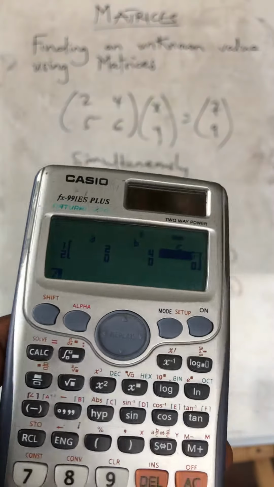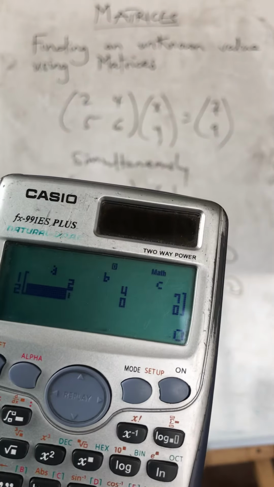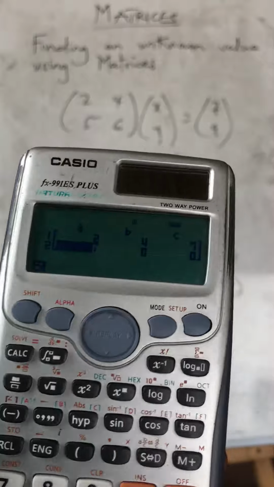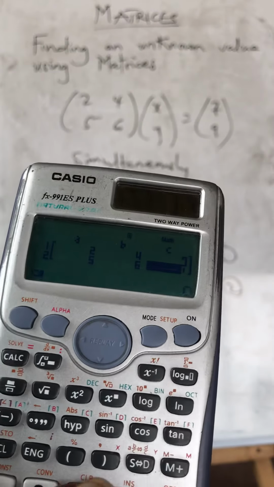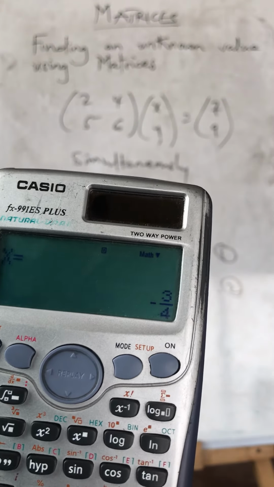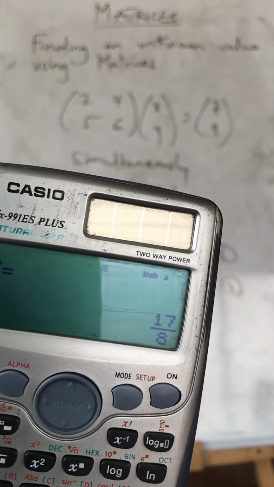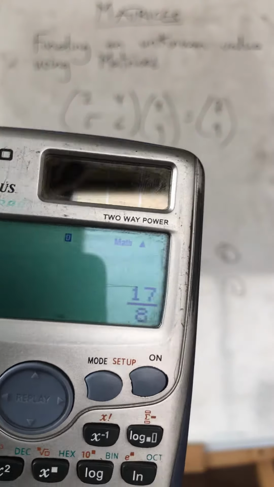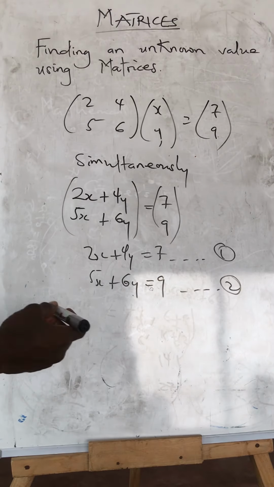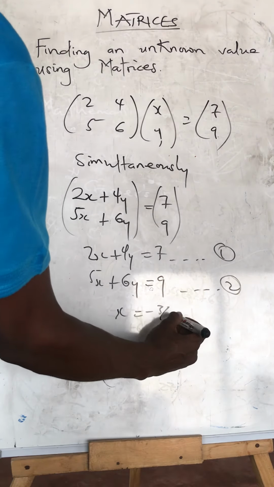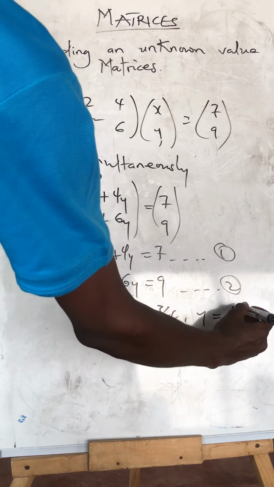The second one is 5, 6, 9. So I get x to be negative 3 over 4, and y to be 17 over 8.